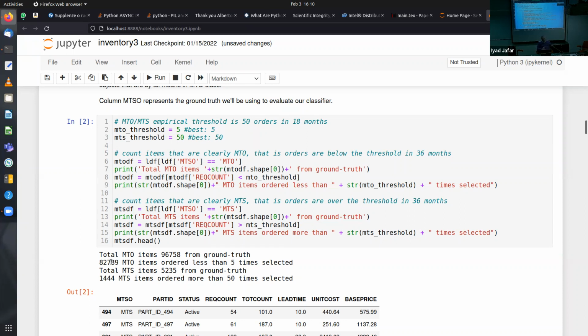For what regards the MTS, so the items that we want to keep in stock, we have 5,000 items to keep in stock, and only 1.4 thousand items are ordered more than 50 times.